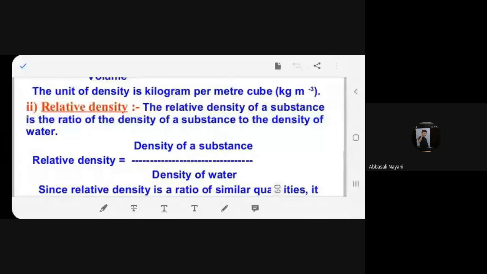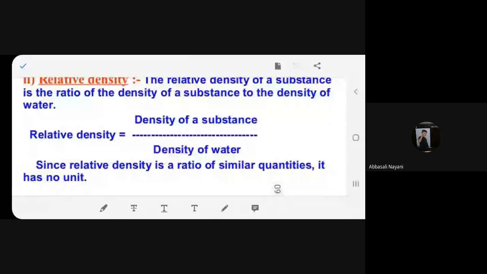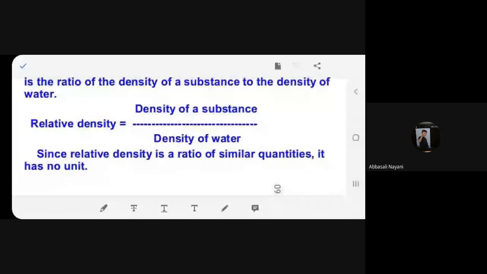Relative density is equal to density of a substance by density of water. Since relative density is the ratio of similar quantities, it has no unit.